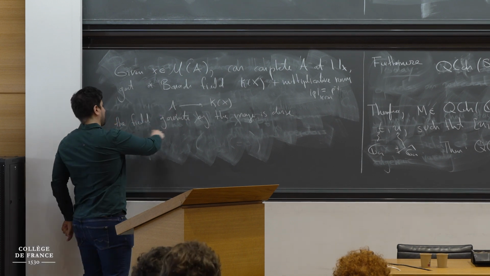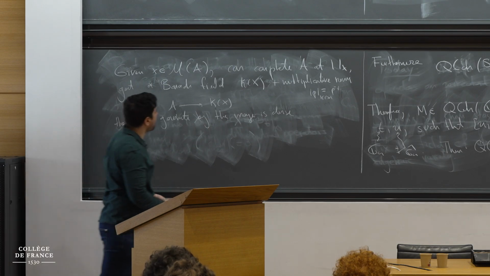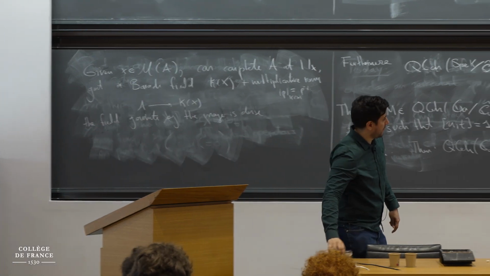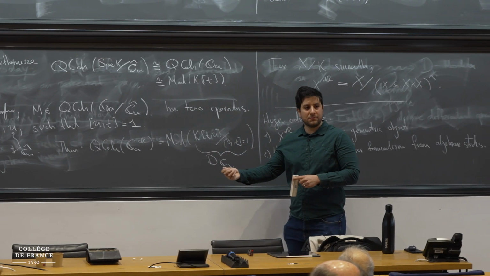Maybe you want the image to be essentially dense in this sense. So in other words, this Berkovich spectrum is just all maps from the ring to fields.